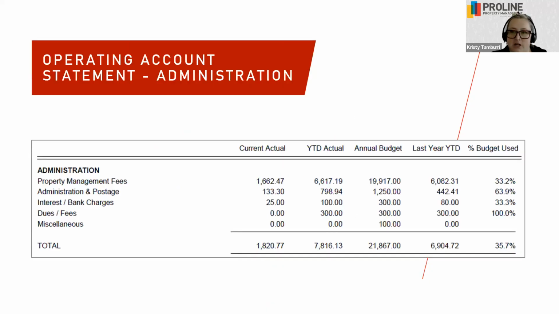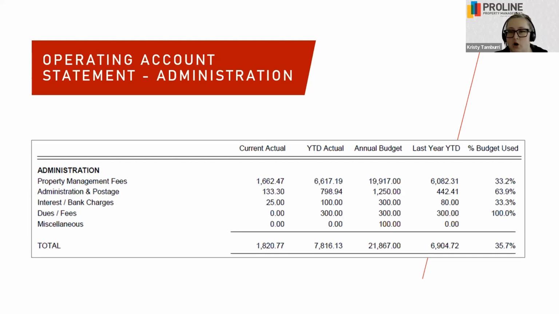The next section, which again is contained within the manual, is an overview of the operating account statement administrative costs. And so this is broken out specifically outside of the building common areas costs. Typically, we see the property management fees budgeted out of this area, admin and postage.